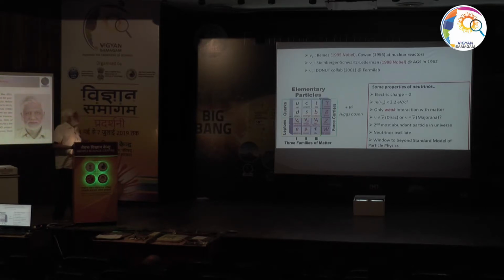Okay, so in the so-called standard model, the electric charge of neutrinos is supposed to be 0. The mass is supposed to be 0, but experimentally we have right now an upper bound. It has to be lower than about 2 electron volt by c squared.